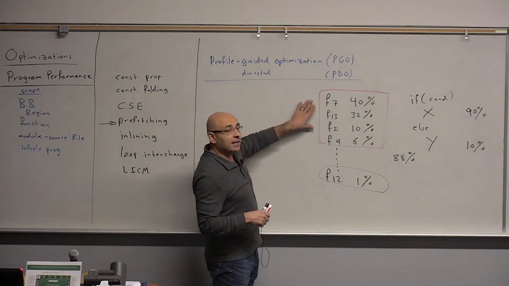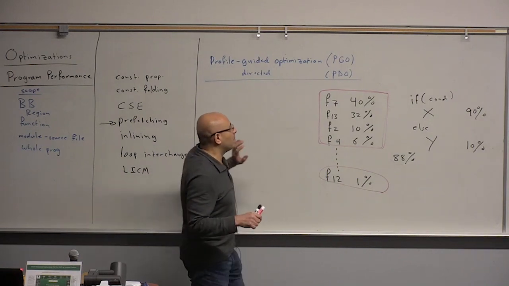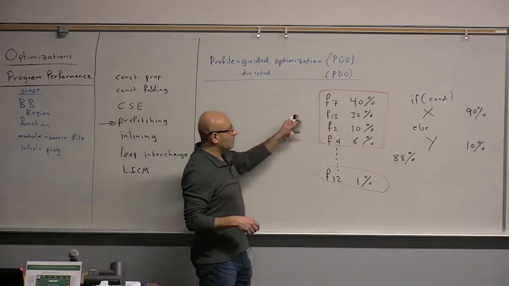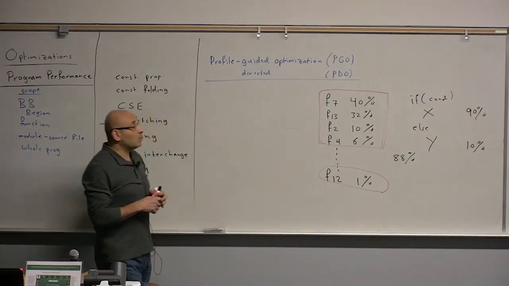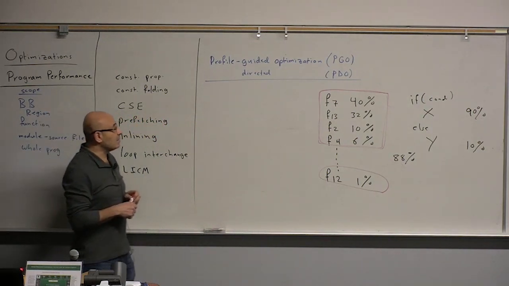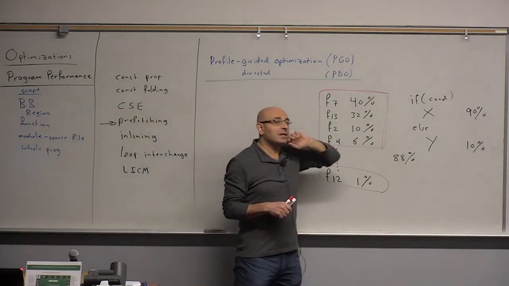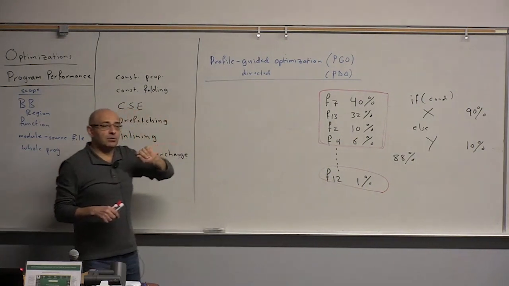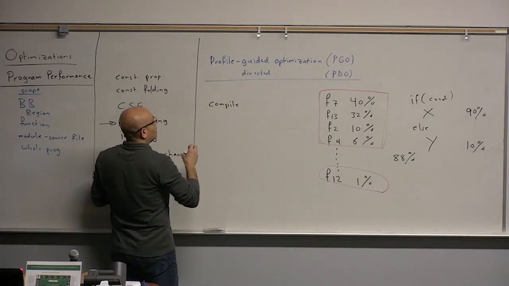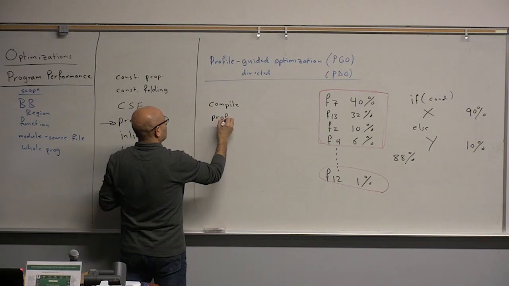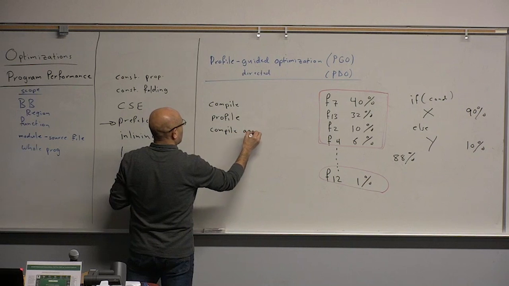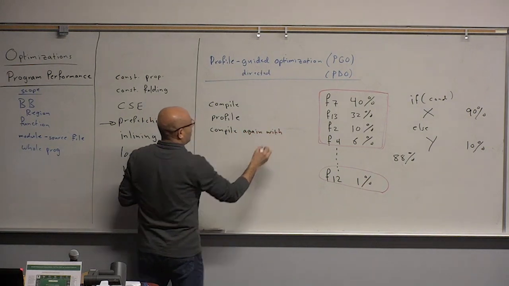So this is what profiling does in general. This has nothing to do with compilers. The concept of profiling here has nothing to do with compilers. But compilers do use profilers, or some compilers support profile-guided optimization. Some compilers allow you to compile a program, then profile, then compile again with profiling information.